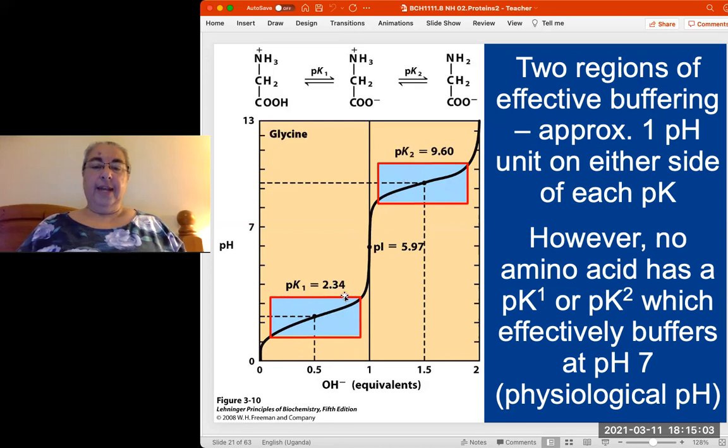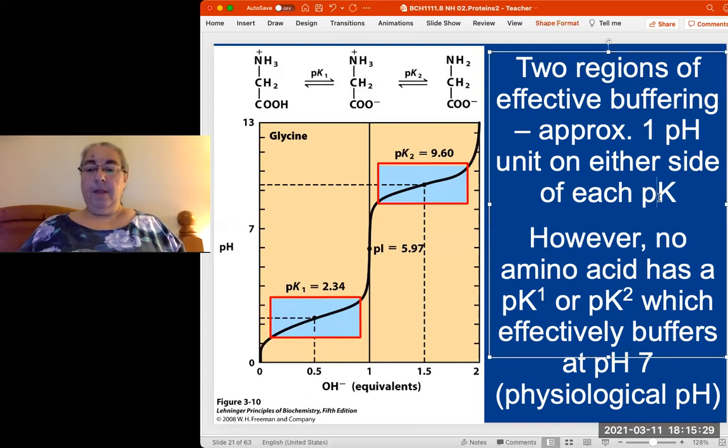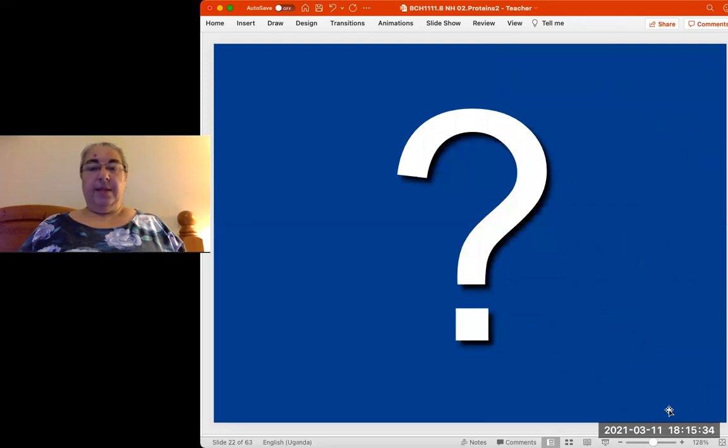The glycine is not buffering at pH 7, and neither are most of the other amino acids that we looked at in the table. In fact, there are no amino acids that are able to buffer at pH 7 with either their carboxyl or their amino groups. Okay, so pause and think about what that means.